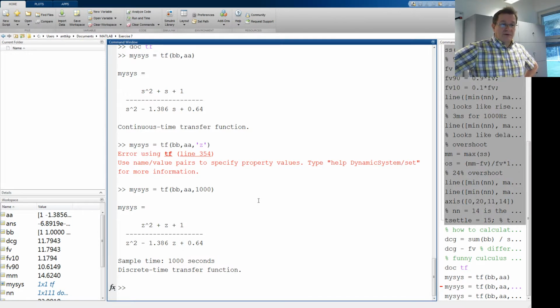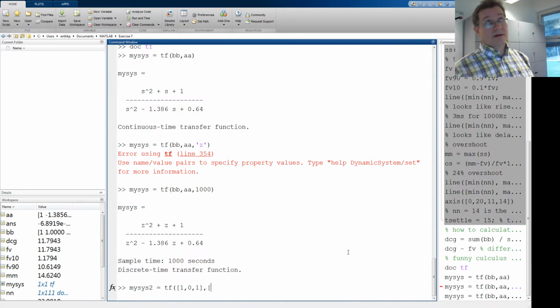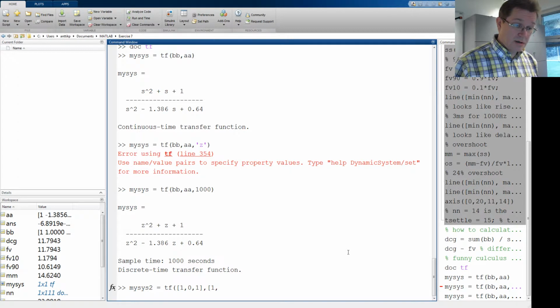For example, if you have this system and another, MySys2, for example, would be TF of 1 0 1, and then let's see, 1 0 0.2 0.3, I think.